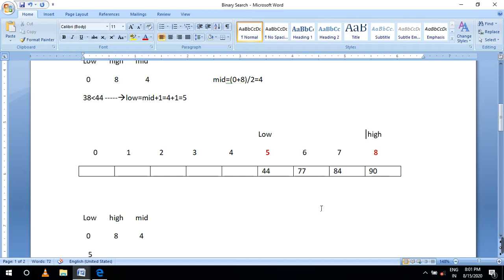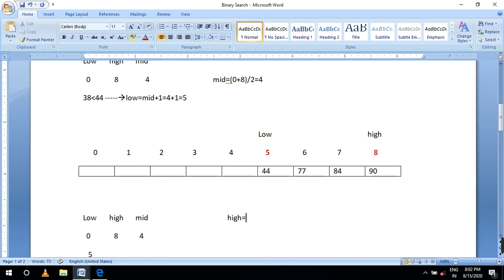Now for the high value, which formula do you use to calculate it? In the previous step, if we compare 38 less than 44, you calculate low equal to mid plus 1, that is 4 plus 1. Now how will you calculate the high value?